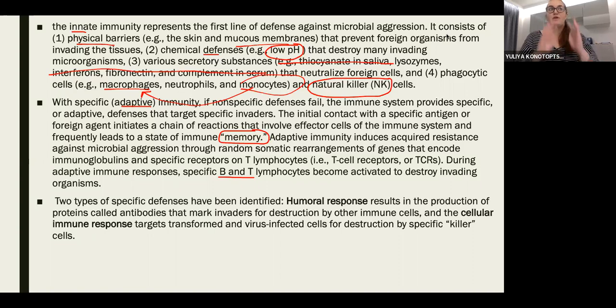So very important to distinguish B lymphocyte and plasma cell. They have a very important difference. One of them is activated, one of them is not. Plasma cell is activated B lymphocyte. What has activated it? A very specific antigen, like a keyhole, like a key and a lock situation happened, right?